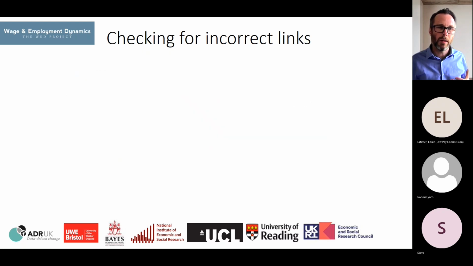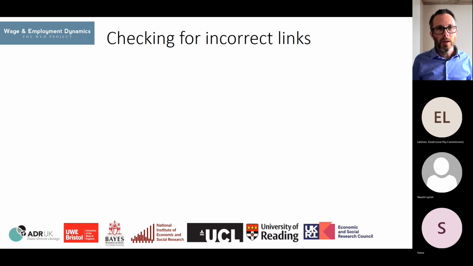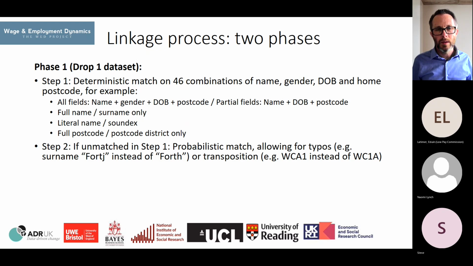So I just want to share a little bit about how ONS have been checking the validity of the linkages made in that process that I just described. If we go back to the various steps of the linkage process, I said there were 46 combinations that they used in the deterministic matching process.